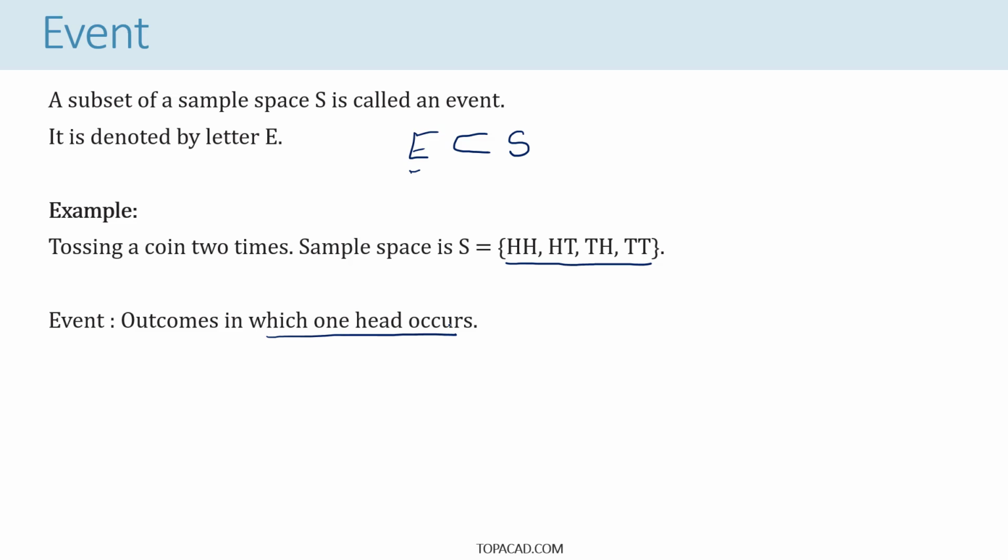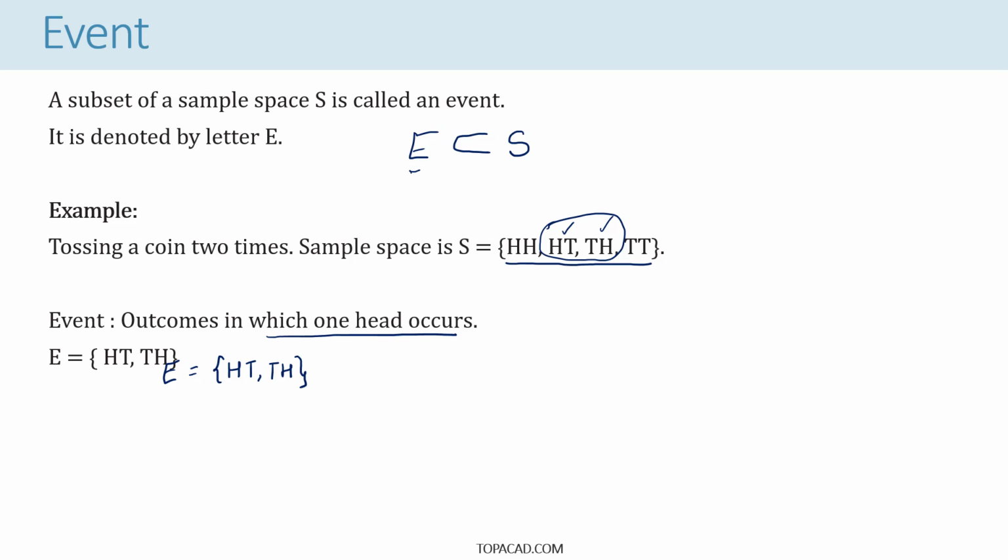What is an event where only one head occurs? There are 2 outcomes where only one head occurs. So we can write event E is equal to HT, TH. So we see that an event is just a subset of a sample space.